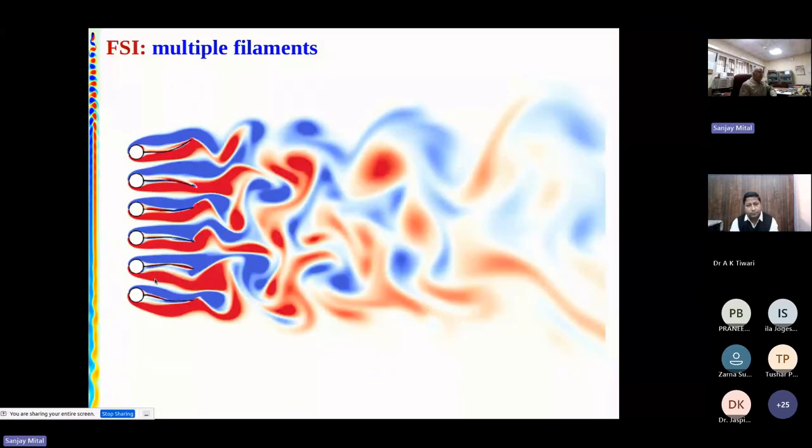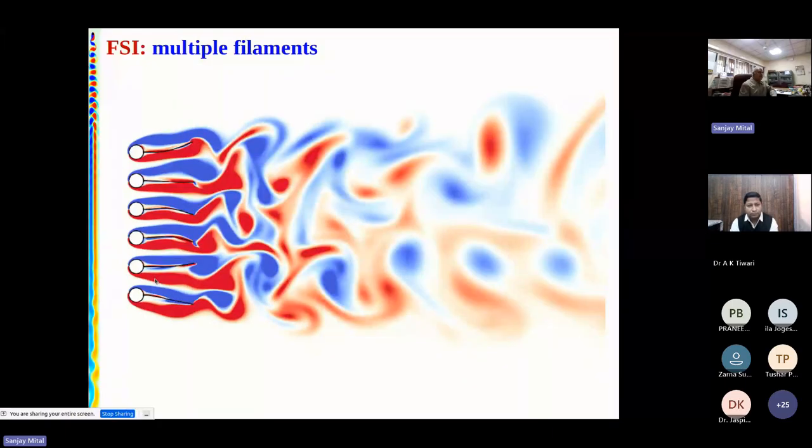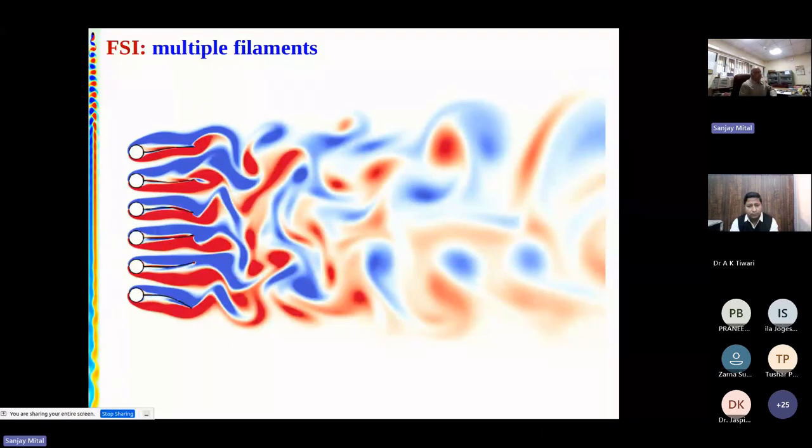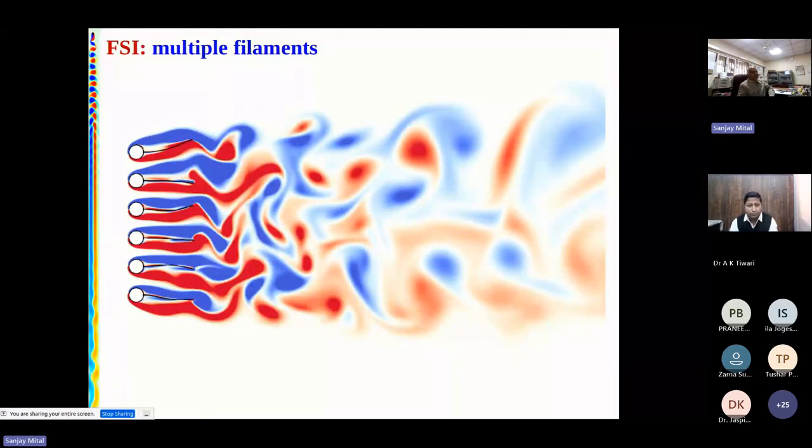If you allowed them to vibrate, then this is what happens. Okay, they vibrate sometimes in the first Euler-Bernoulli mode, sometimes in the second or third. Some of them are vibrating in phase, others are vibrating out of phase. And you can see the flow, all that nice organization is now lost.